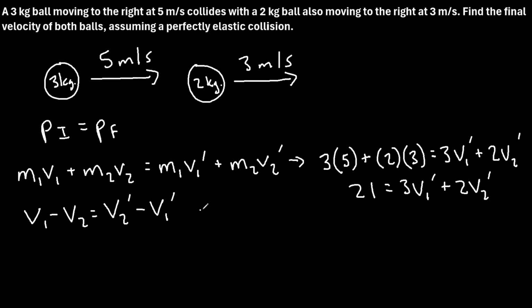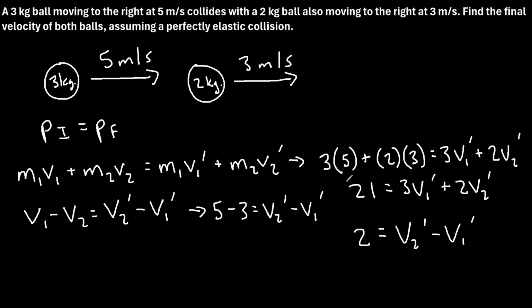Filling in what we know, 5 minus 3 is equal to v2 prime minus v1 prime. So 5 minus 3 is 2, and we can simplify and say 2 is equal to v2 prime minus v1 prime.